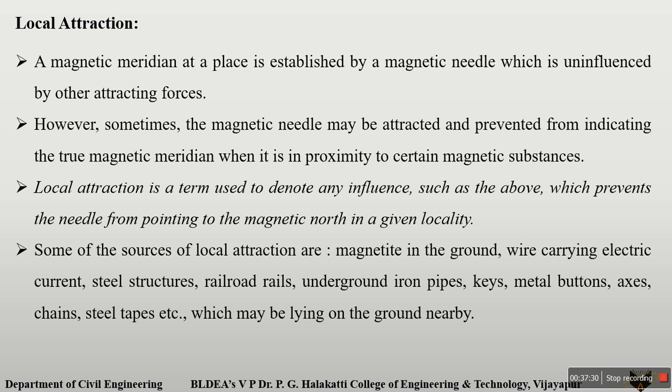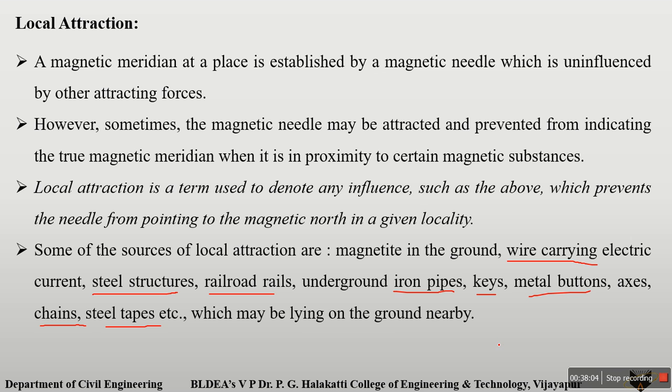Some of the sources of local attraction are magnetite in the ground, electrical wires above the compass instrument, steel structures or railroad rails, iron coil, keys, metal buttons, chains or a steel tape.